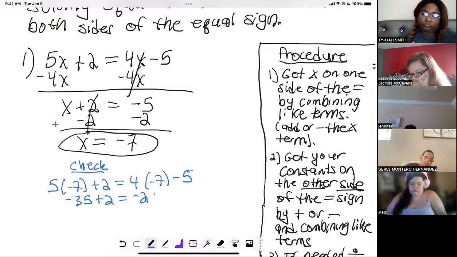So -28 minus 5. Now let's simplify and see if we get the same number. So -35 plus 2 is -33. And -28 minus 5. So 28 and 5 is 33, -33. And I know I had the right answer. The -7, 100% is the right answer.